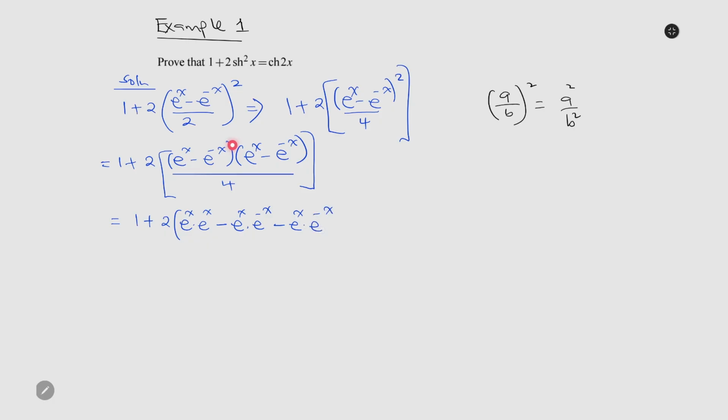And then finally I have these times these, but negative and negative, so I will have positive. So this will be e^(negative x) times e^(negative x), all these over 4.